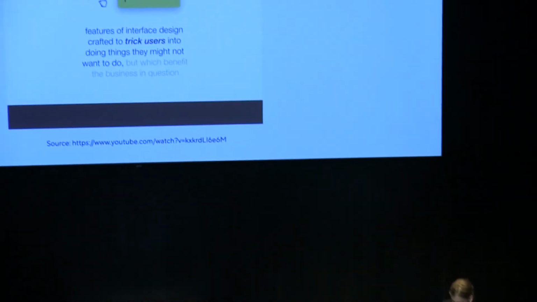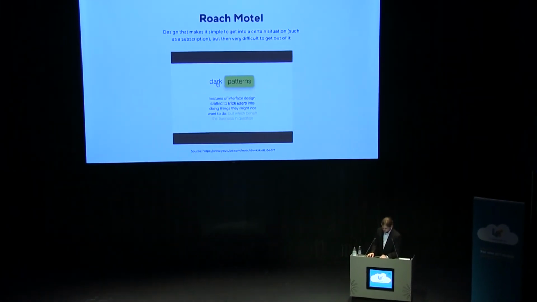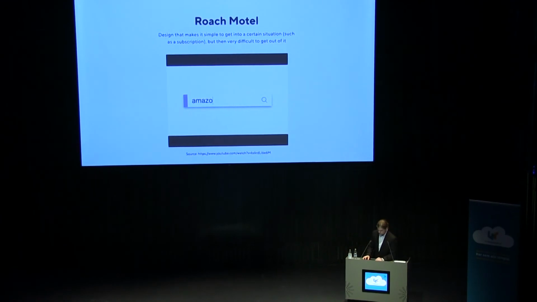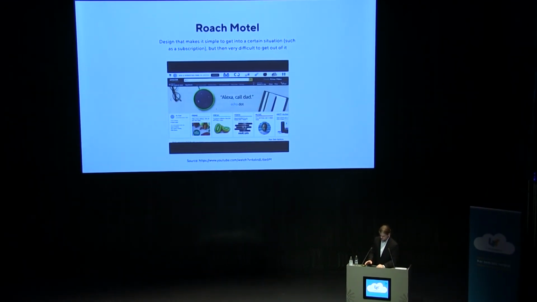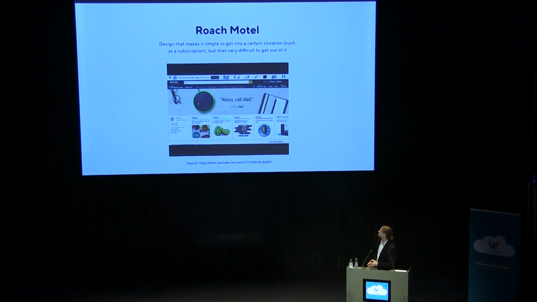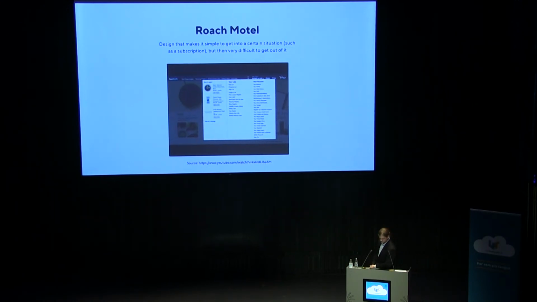Dark patterns are features of interface design, crafted to trick users into doing things that they might not want to do, but which benefit the business in question. Here's an example. Have you ever tried to delete your Amazon account? Here's the Amazon homepage. What's the first thing you might think to do? The obvious place to look is the account dropdown here. Once you're in here, you look around, it's a lot of information, but if I'm interested in deleting my account, I think that your account is probably a good place to go.